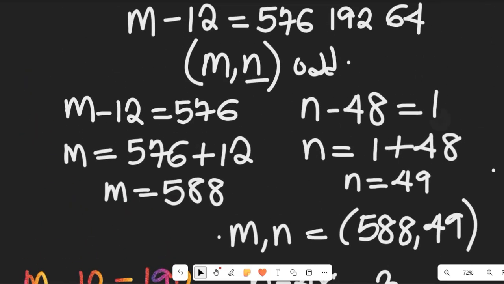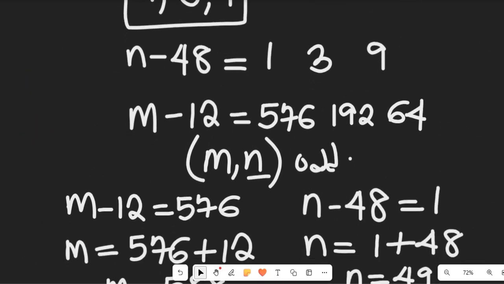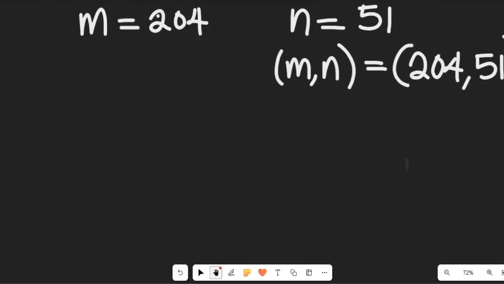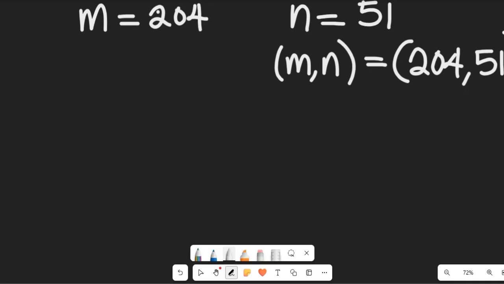Now the final one, we're going to have the value of n minus 48 to be equal to 9 and m minus 12 to be equal to 64.